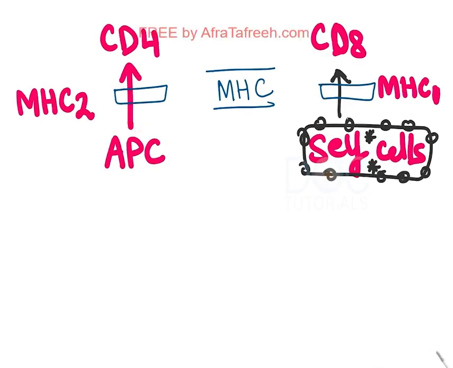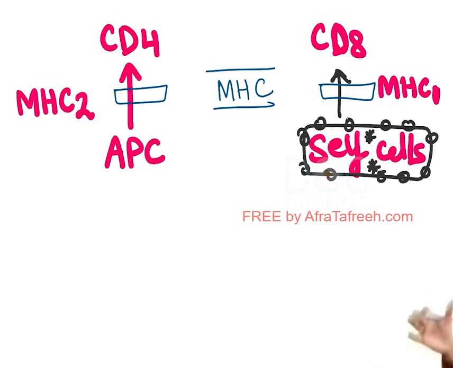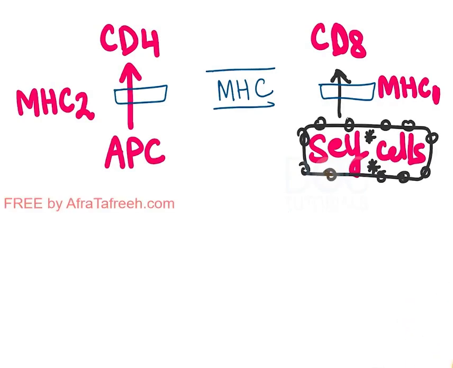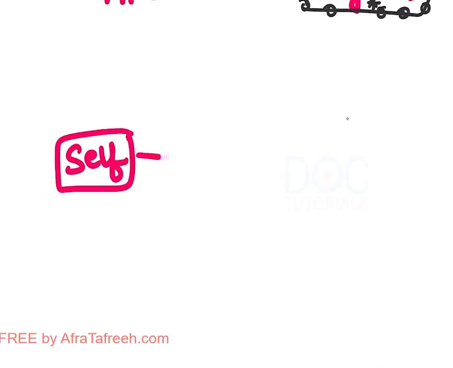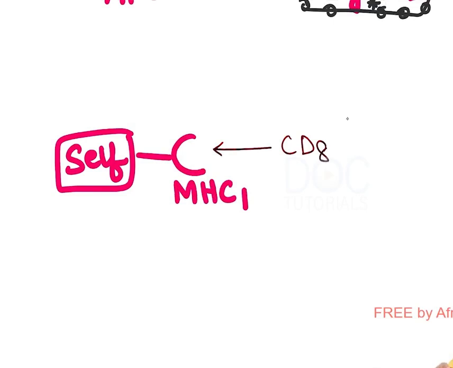Now these are the mediators, these are the peons who will give the information. CD4 will take information only and only from MHC2. CD8 will take information only and only from MHC1. He doesn't know self cells, he does not know antigen presenting cells. So all the self cells have MHC1 on them, and all the CD8 cells will take information only from MHC1.